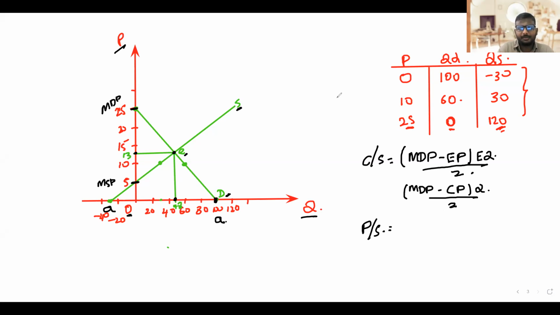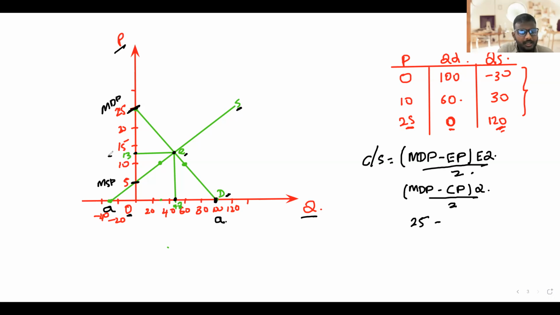So maximum demand price, we know how much is the maximum demand price. We found that to be 25. Now you don't have to do that separately, any working in the graph, it's already there. When price is 25, demand is 0. So that is the maximum demand price, 25 minus what is the price the consumer is paying at equilibrium?